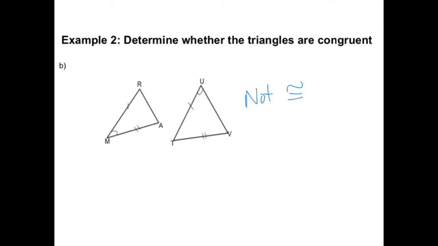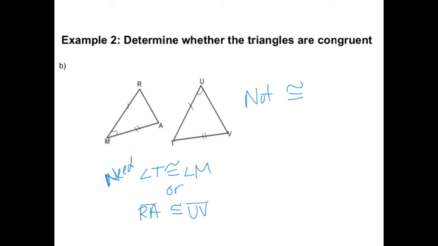But we could go as far as maybe thinking about what would be needed in order to make them congruent. Because we do have these sides that pretty much match up even in location, like this is on the top, top, and then bottom, bottom, we would need angle T to be congruent to angle M. So I'm just thinking about things that we would need to have happen. Okay, we would need that to happen, or we would need side RA to be congruent to side UV.